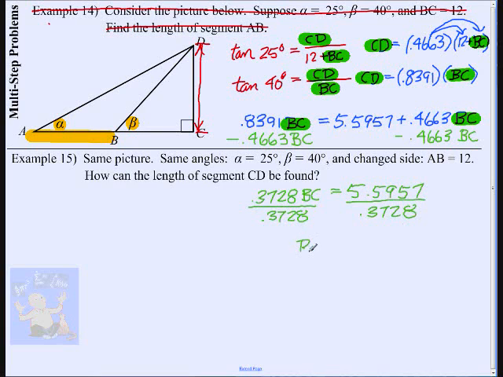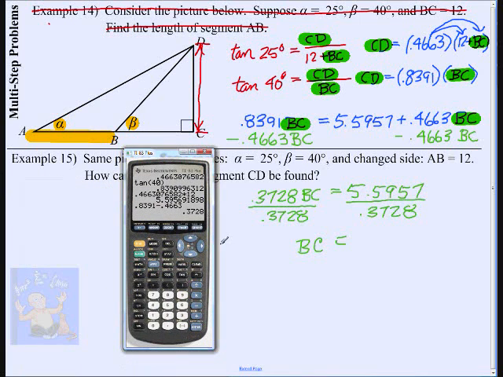And then I will have BC equal to, let's pull it over, I want to divide this number by 0.3728, so I'm going to take the multiplicative inverse, the reciprocal, times 5.5957.